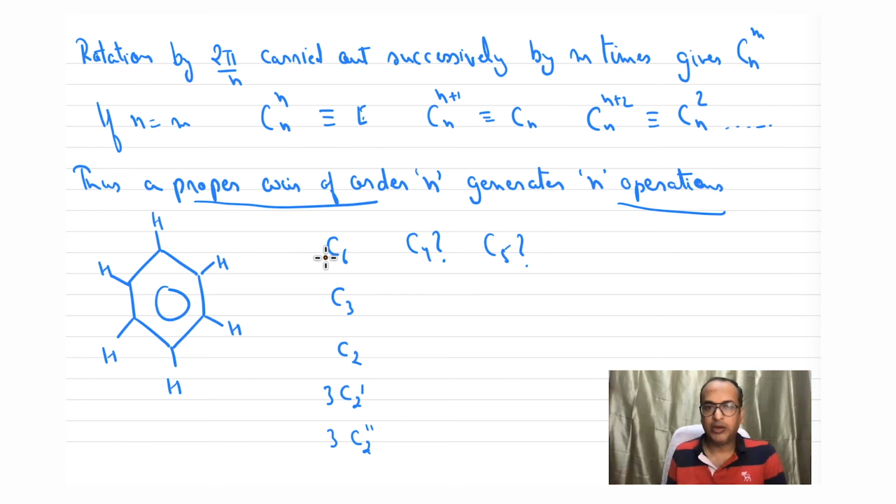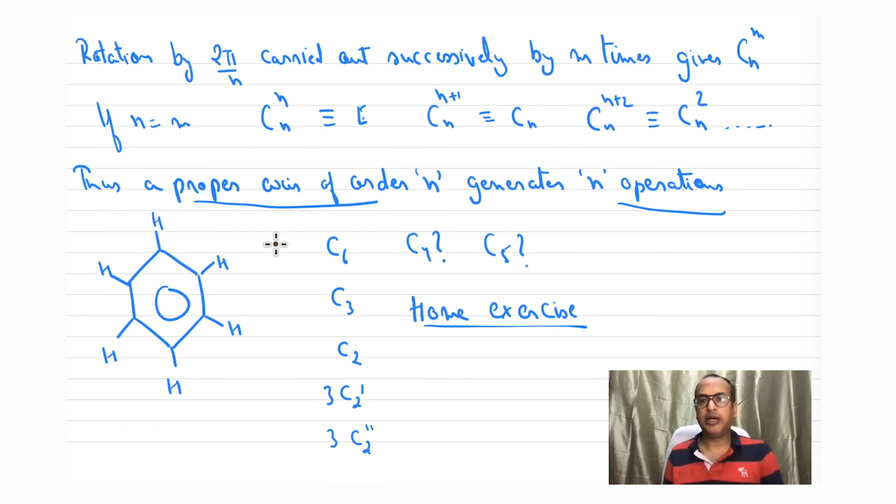So for example, C6 should generate 6 operations, C3 should generate 3 operations, and C2 2 operations each, right? So take it as a home exercise and complete this. Try to locate these axes onto the molecule and try to generate all the corresponding operations. Okay.